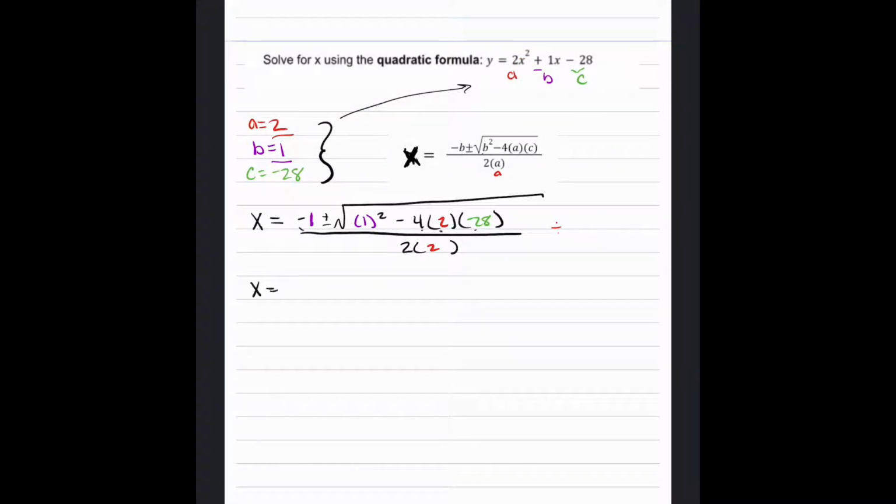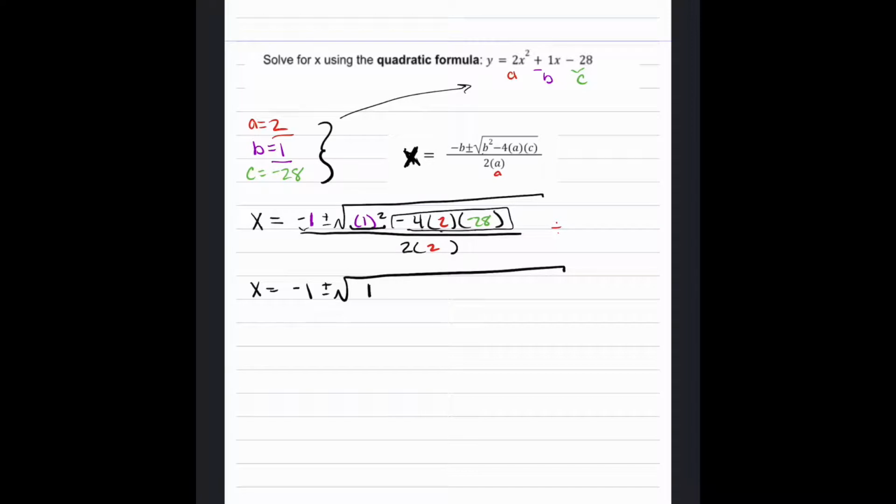X is equal to negative 1. There's no double negative, so I can just bring it down as a negative 1, plus or minus the square root. Then I'm going to do 1 squared. So 1 to the second power is 1 times 1, which is just 1. Then I'm going to multiply negative 4 times 2 times negative 28.